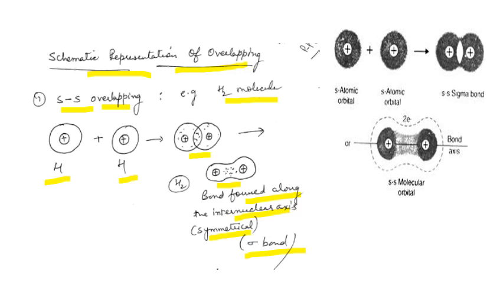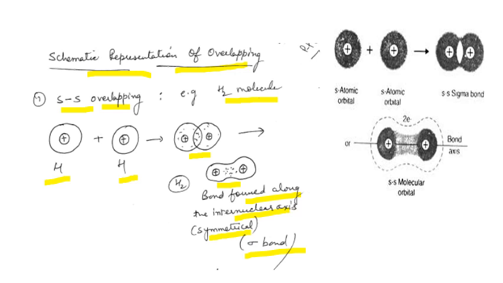So always when symmetrical overlapping takes place, the bond is formed along the internuclear axis, and that is the stronger bond. A covalent bond formed by head-to-head overlapping, by symmetrical overlapping, with the bond formed along the internuclear axis, is a sigma bond.